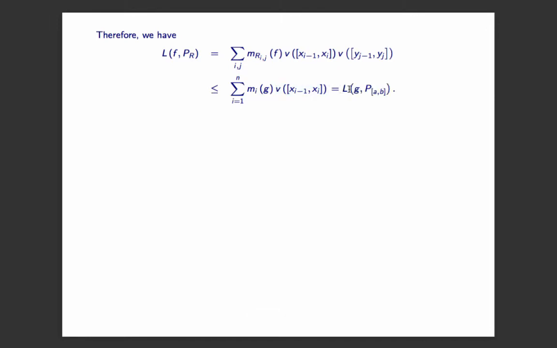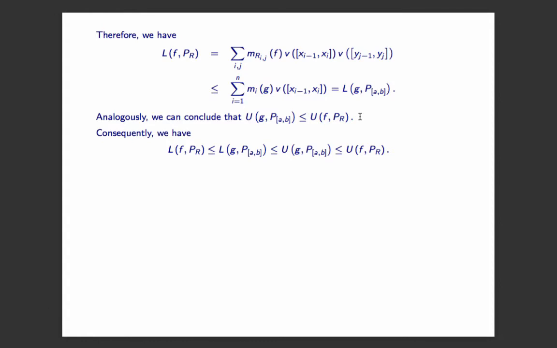Well, that's actually the definition of the lower sum of g over a partition of a to b. That's exactly what that means. So we could apply the same type of analysis to the upper sum and get that the upper sum of g over a partition of a to b is less than or equal to the upper sum of f over a partition of the rectangle.